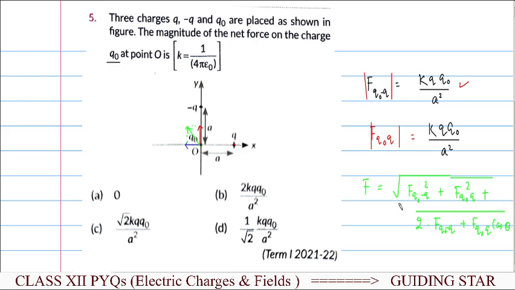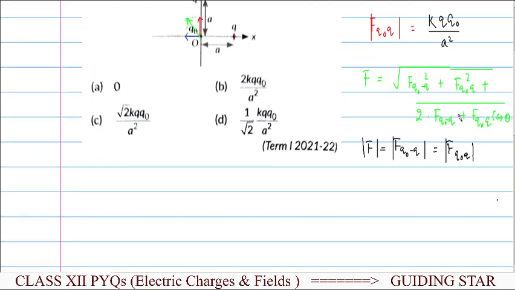So finally if you calculate this particular value, assuming that these two forces are the same magnitude wise, we can write that the force on q naught due to minus q equals the force on q naught due to plus q, and let it be F. If it is F, then another thing, the angle between these two individual forces is 90 degrees, so cos 90 will become 0.